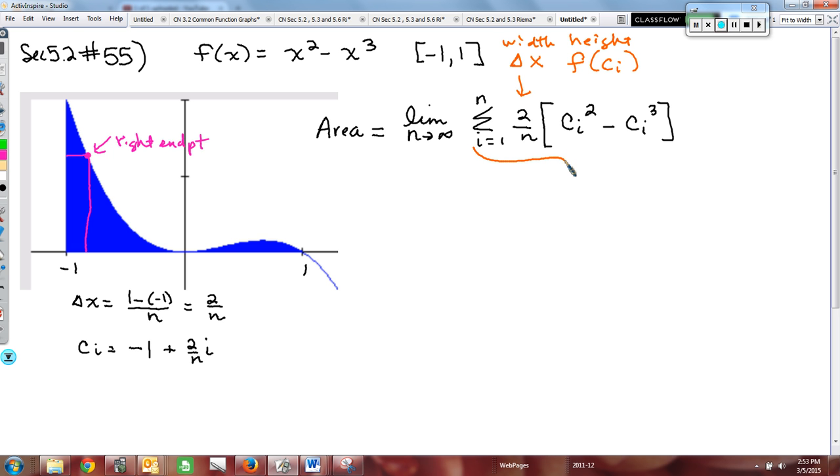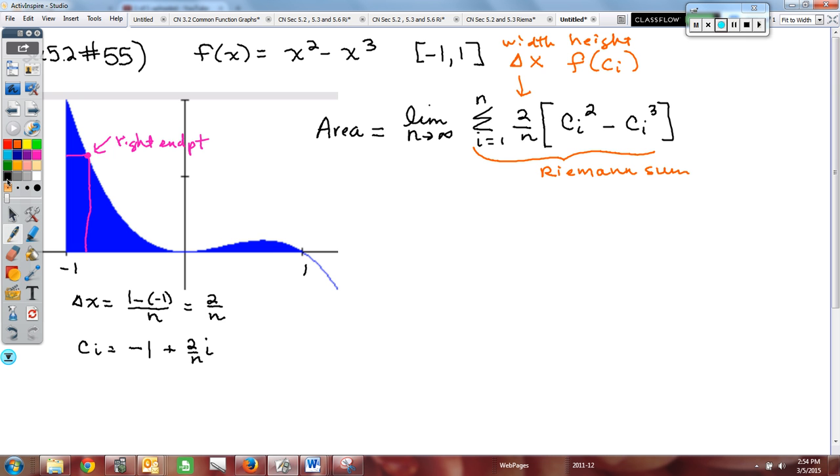This portion right here is your Riemann sum. And then once we take the limit as n goes to infinity of this Riemann sum, that gives us the exact area. This part is an approximation of the area, but as we let n go to infinity, increasing the number of rectangles, it will converge on the exact area for us.